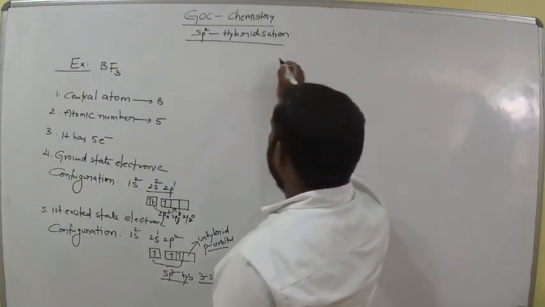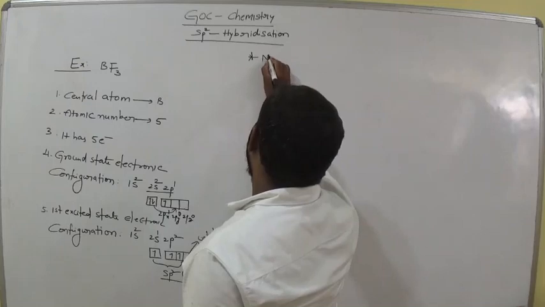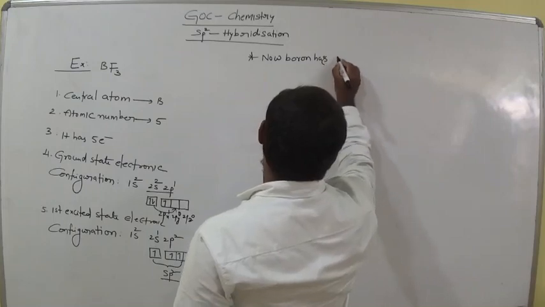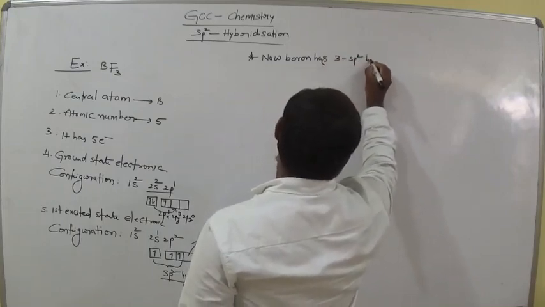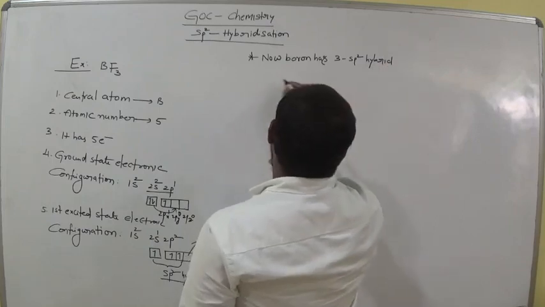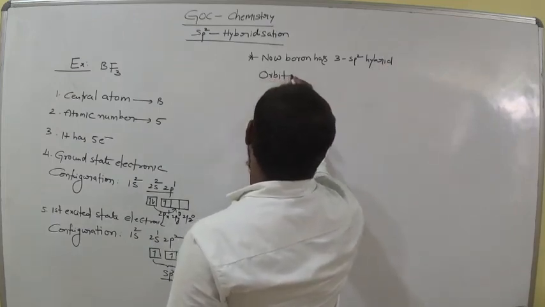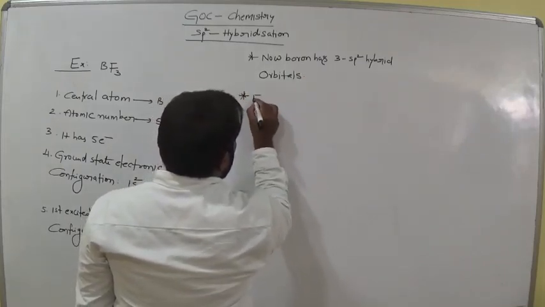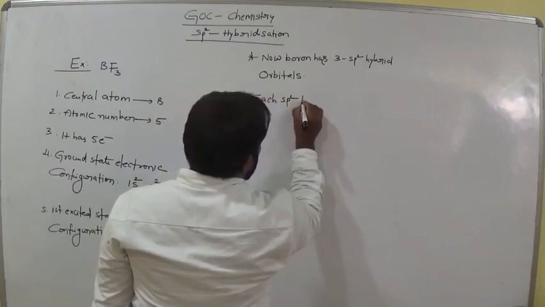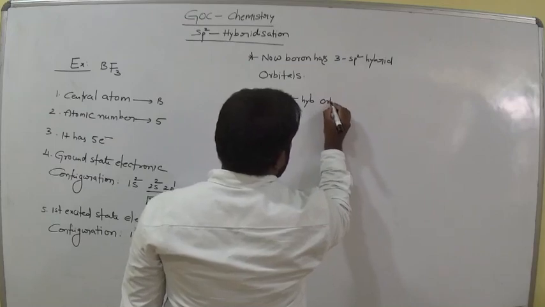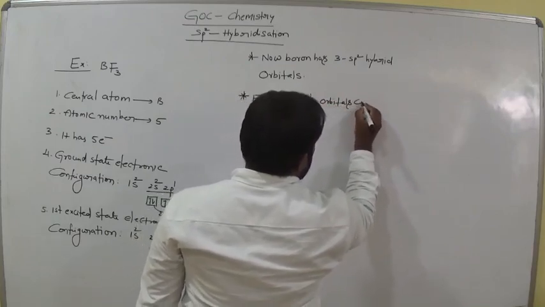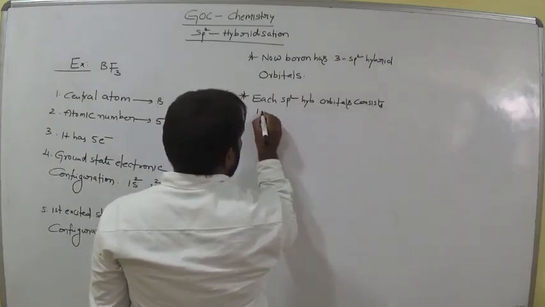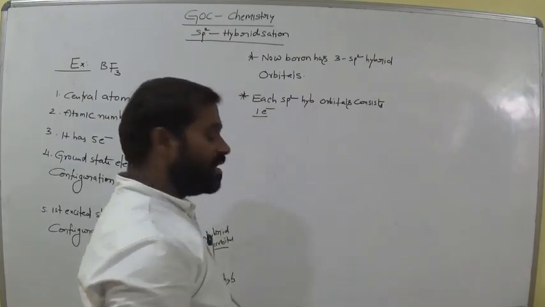So now boron has 3 sp2 hybrid orbitals. Each sp2 hybrid orbital consists of 1 electron.